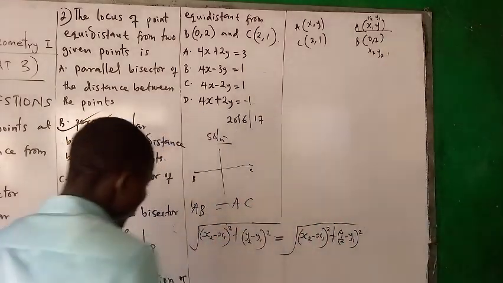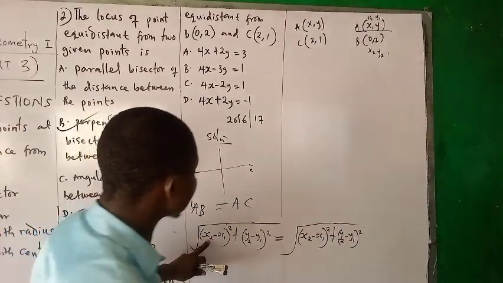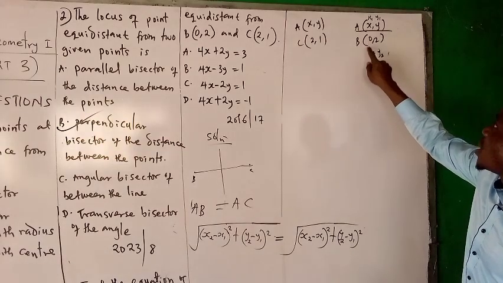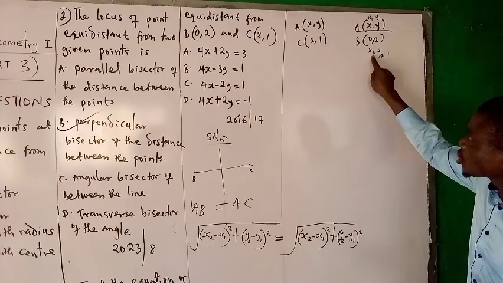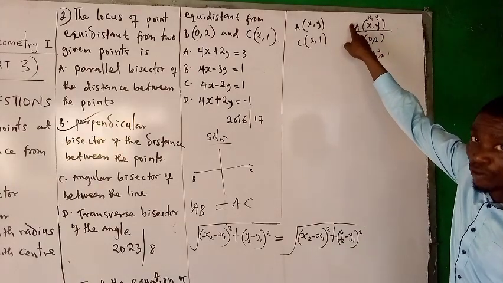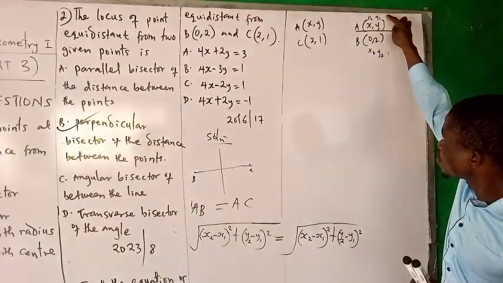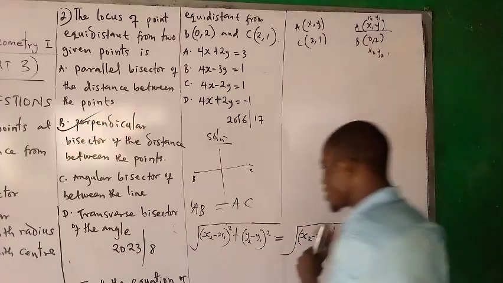Alright, now I'm going to substitute. So x2 is what? x2 now is 0, because point B has coordinate x2, y2. Point A comes first, so it has the coordinate x1, y1. Which means our x2 here is 0, right?